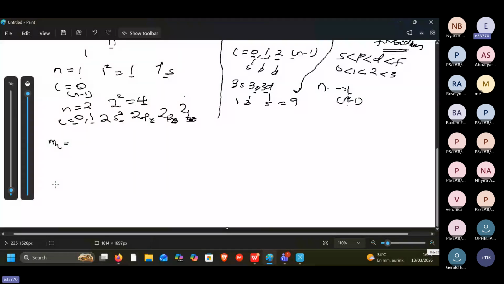We've mentioned earlier that each orbital can take 2 electrons. So if I have a total of 4 different orbitals, what do you think should be the number of electrons that can be accommodated in that energy level? 8. So that would be a total of 8. Do you follow?